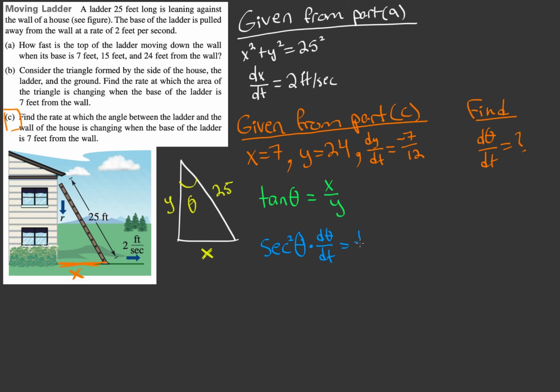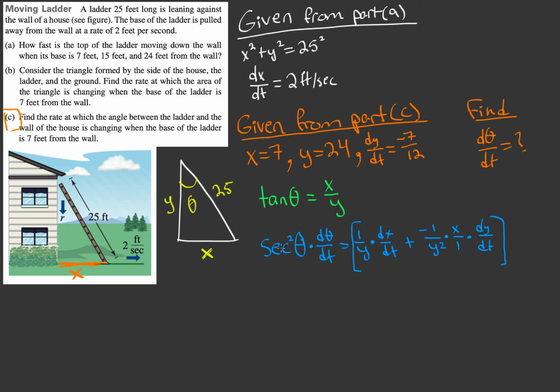So we have 1 over y times dx dt, plus the derivative of the second times the first, which gives us negative 1 over y squared times x over 1, and then don't forget our dy dt because we took the derivative of y. So we have this equation right here.